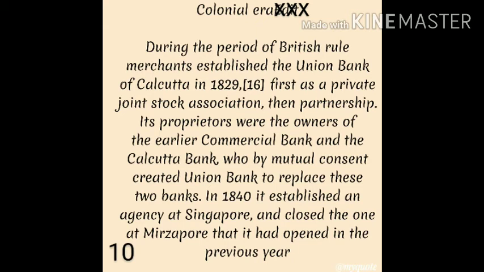The proprietors were the owners of the earlier Commercial Bank and the Calcutta Bank, who by mutual consent created Union Bank to replace these two banks. In 1840, it established an agency at Singapore and closed the one at Mirzapur that it had opened in the previous year.